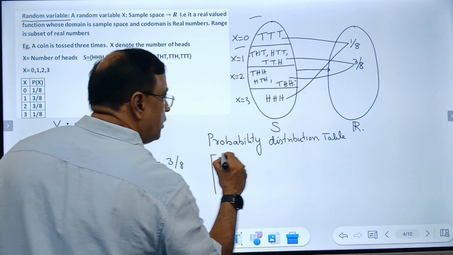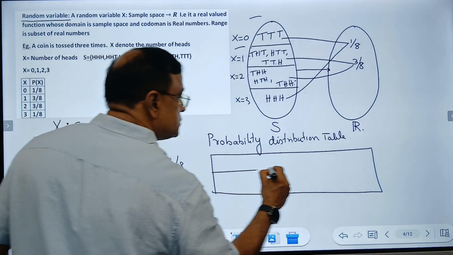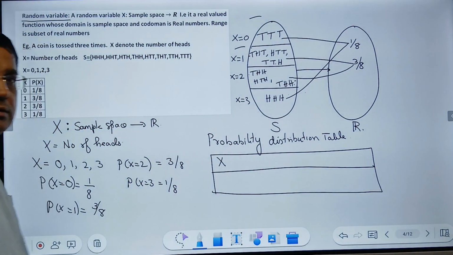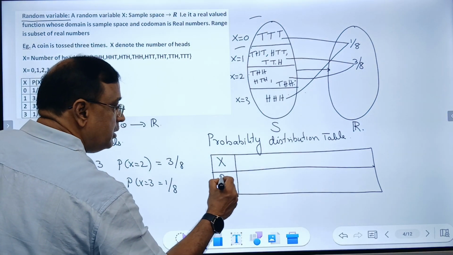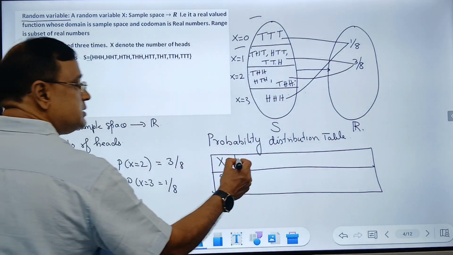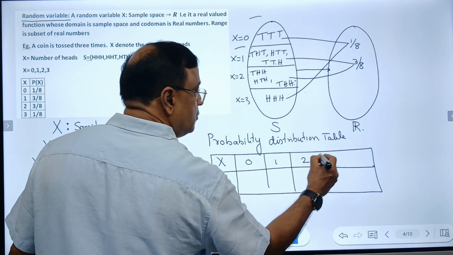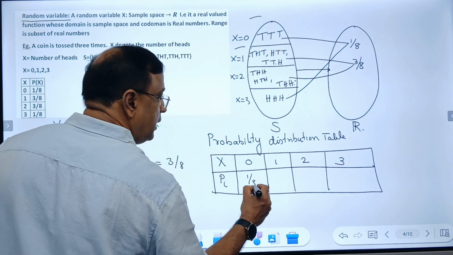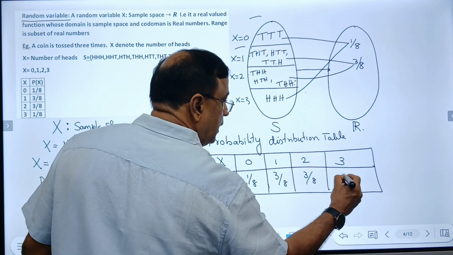It's a tabular column which will indicate two important things. One is your random variable x, and the other one is their corresponding probabilities. For example, what is the random variable in this case? It is 0, 1, 2, and 3. And what are the probabilities? 1 by 8, 3 by 8, 3 by 8, and 1 by 8.